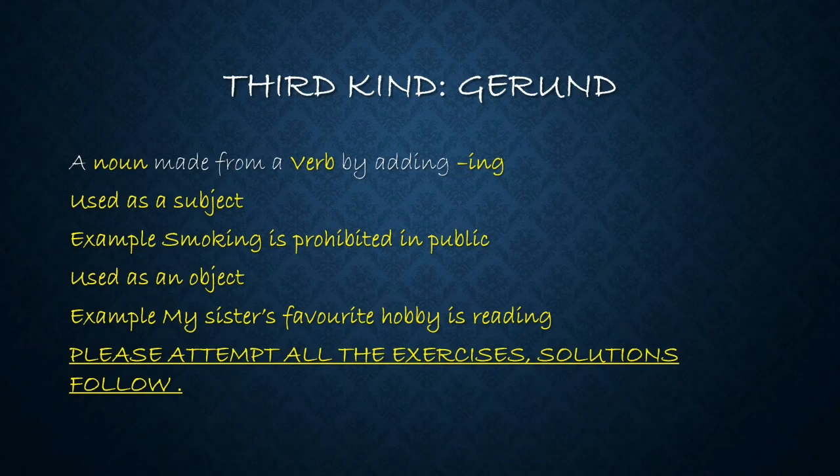Here, if you look carefully, what is smoking? It is used as a subject. Smoking is a noun over here. It is also a verb, the action of smoking. So therefore, here smoking is a gerund. It can also be used as an object. My sister's favorite hobby is reading. Now here, reading, apart from the action of reading, it is also the name of the hobby that the sister finds favorite.